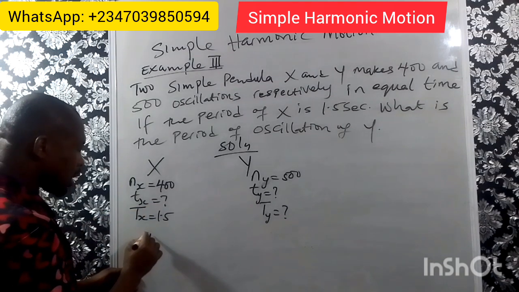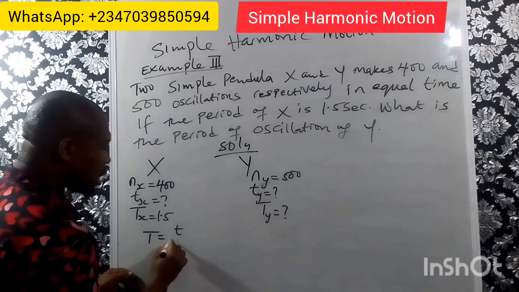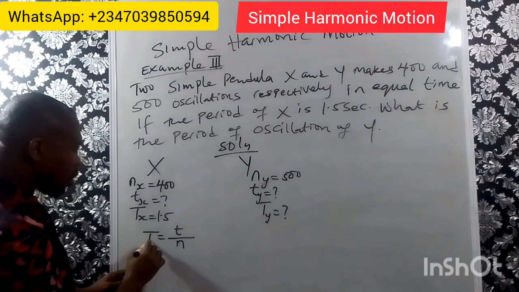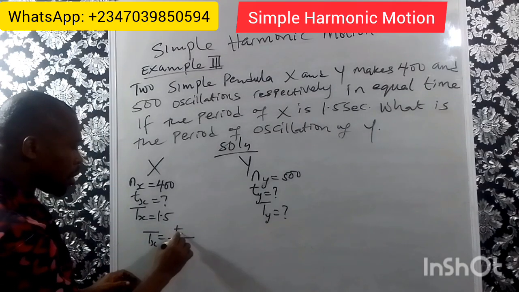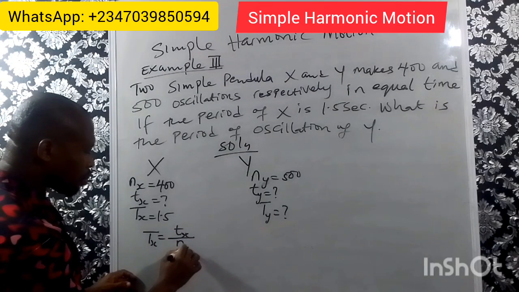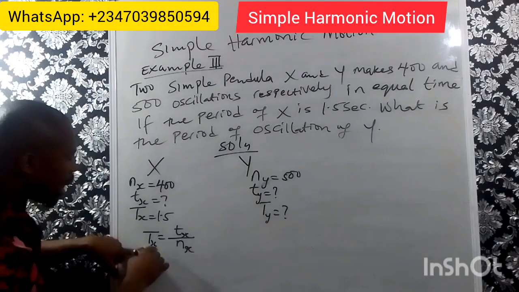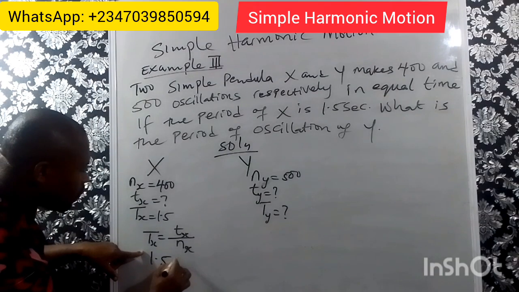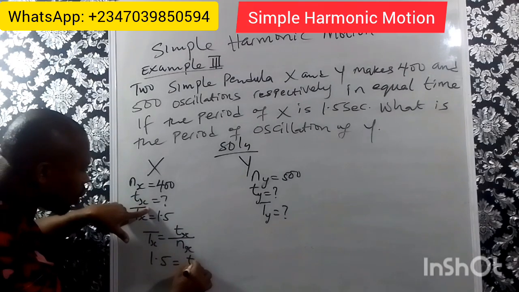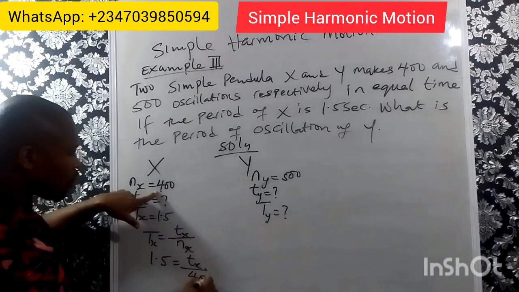Now, from here, since these two are given, we can use them to get Ty using Tx, using period is equal to time of oscillation all over number of cycles. Since we are looking for X, we put X here, here, and here. When that is done, we substitute. Here is 1.5. Tx is what we're looking for, all over the number of oscillations, which is 400.